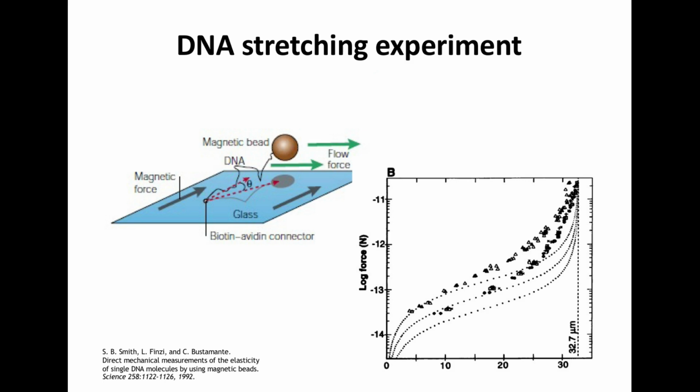You see at very low forces, very low flow fields, the DNA is short, and by increasing the flow field or the force, the DNA will extend to a maximum length of 32.7 micrometer, which is the completely stretched out DNA piece that we have here.